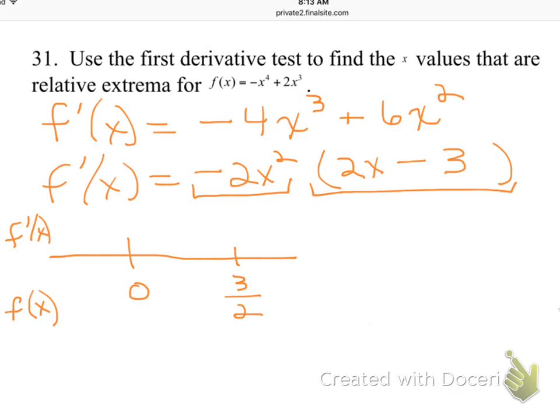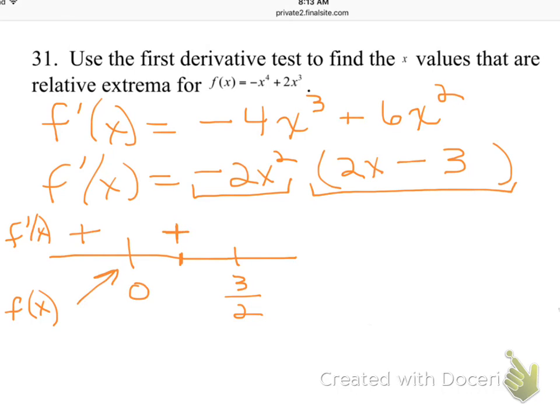Using the factors above, if I plug in a -1, I should get, let's see, this will be a negative, this will be a negative, so a negative times a negative is a positive. My function's going that way. Now plug in a testing value of 1, because that's on that second interval. That'll be a negative times a negative. That will also be a positive.